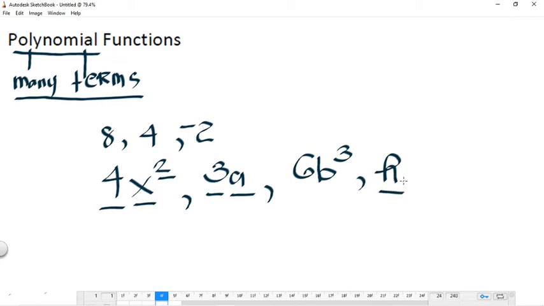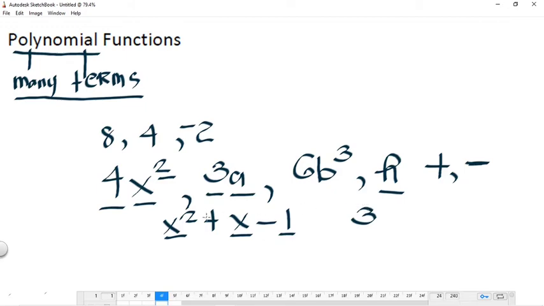These terms are separated by addition and subtraction. For example, x raised to 2 plus x minus 1. There will be 1, 2, 3 terms. So there are just 3 terms for this example. Another example, 2x raised to 4 minus 7x squared.